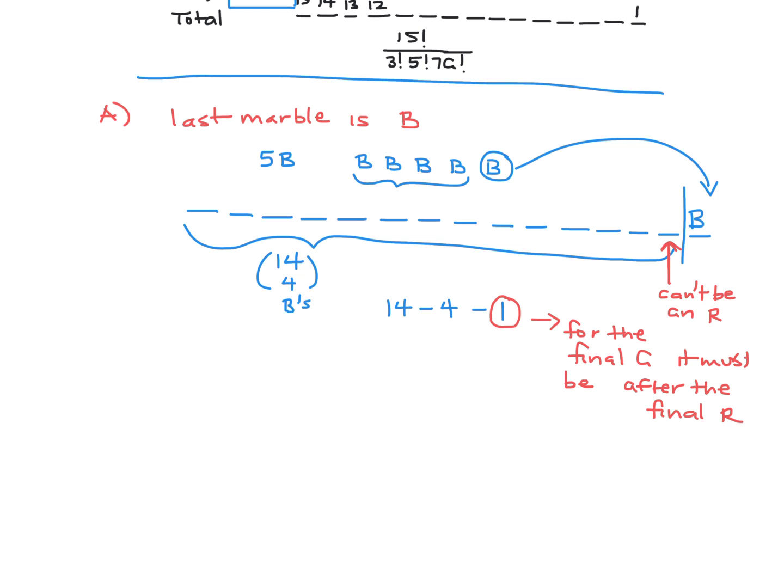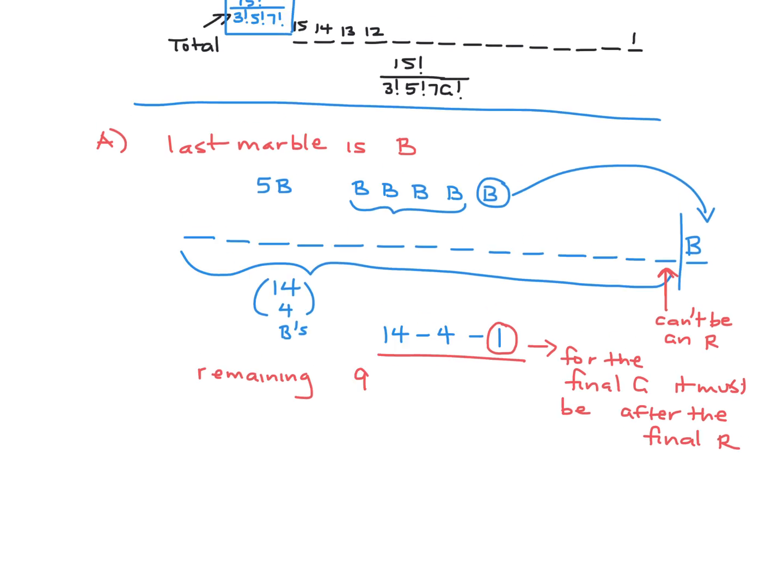So that means we actually have 9 positions to select from. From the remaining 9, which is the equivalent of 14 minus 4 minus 1, we have to select where we put in the other G's. Now in total, how many G's were there? There were 7 G's, right?